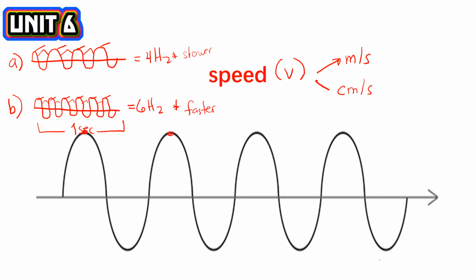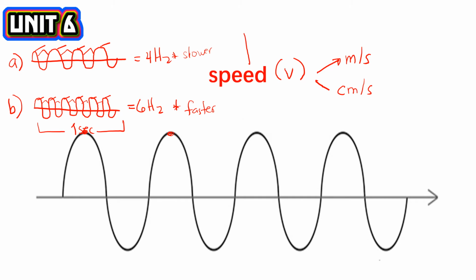Here's the point: as the frequency increases, the distance from crest to crest, or the wavelength, gets shorter. However, if the frequency gets smaller, the wavelength, or the distance from crest to crest, gets bigger.